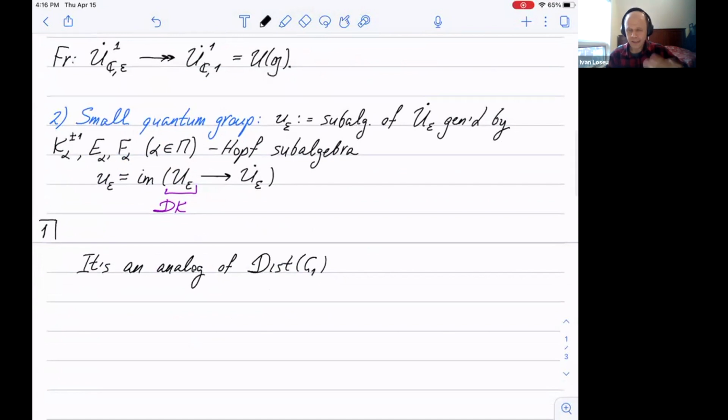Now, it also has something to do with the Frobenius epimorphism, namely the kernel of Frobenius is generated by the augmentation ideal.